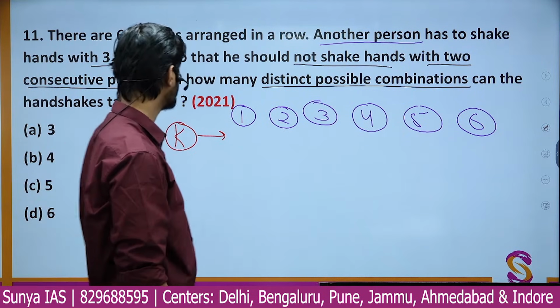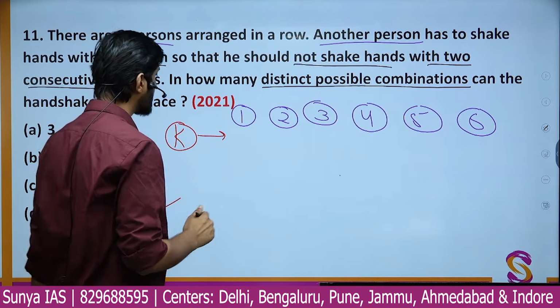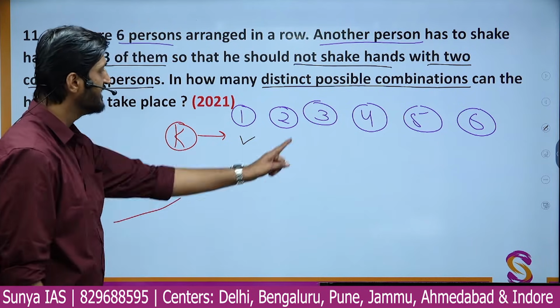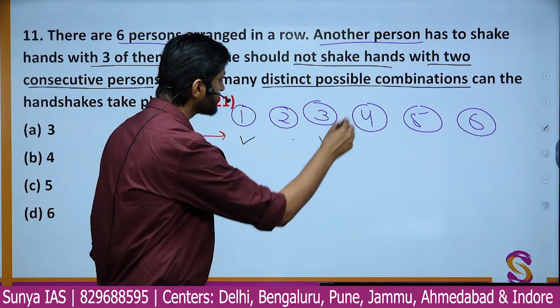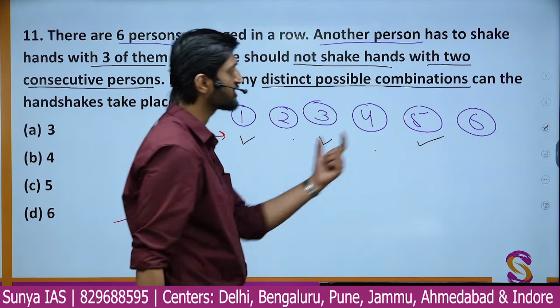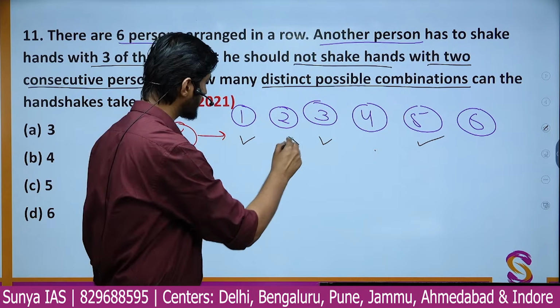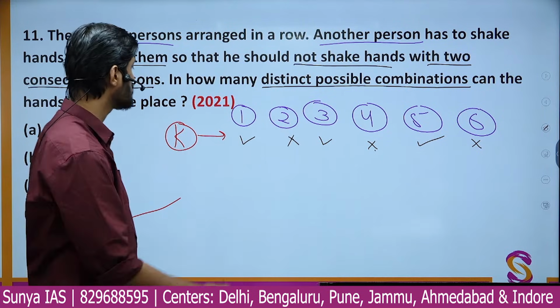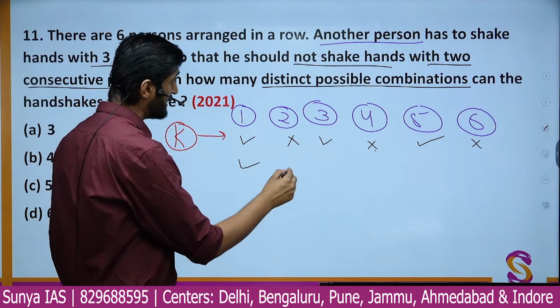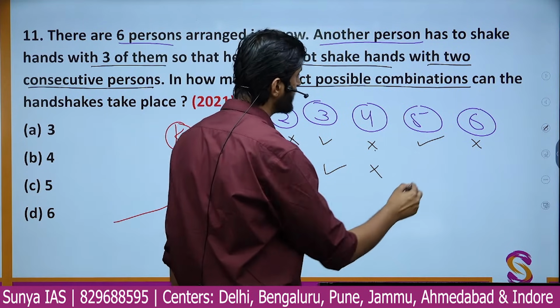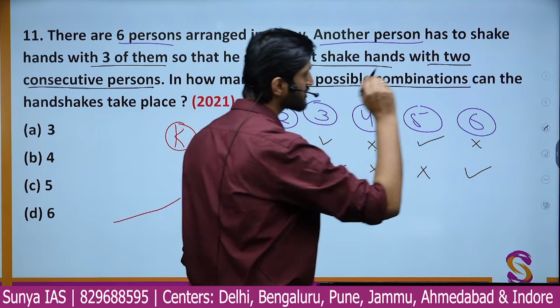So in this question what we can do is that the king can either shake hands with the first guy, leave the second, then shake hands with the third guy, then leave the fourth, and then shake hands with the fifth guy. So this is the first way of doing it. Or he can shake hands with the first guy, leave the second, shake hands with the third, leave the fourth and fifth, and then shake hands with the sixth guy.